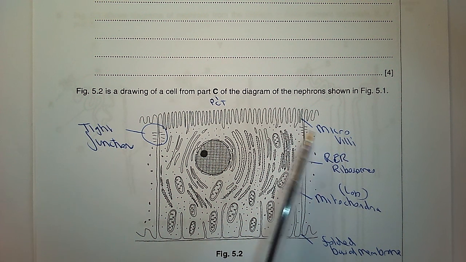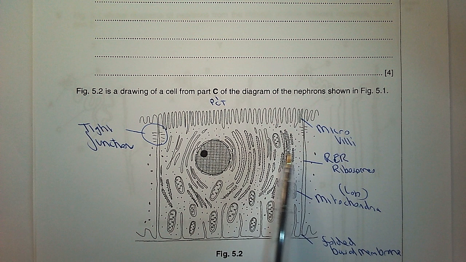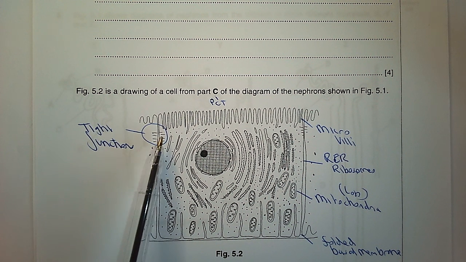So we've got microvilli providing a large surface area, rough ER and ribosomes for the production of proteins, lots of mitochondria for the production of ATP. It's got a folded basal membrane down here, which is providing a large surface area, and it's got tight junctions between the cells to stop any large molecules passing through the tissue fluid.